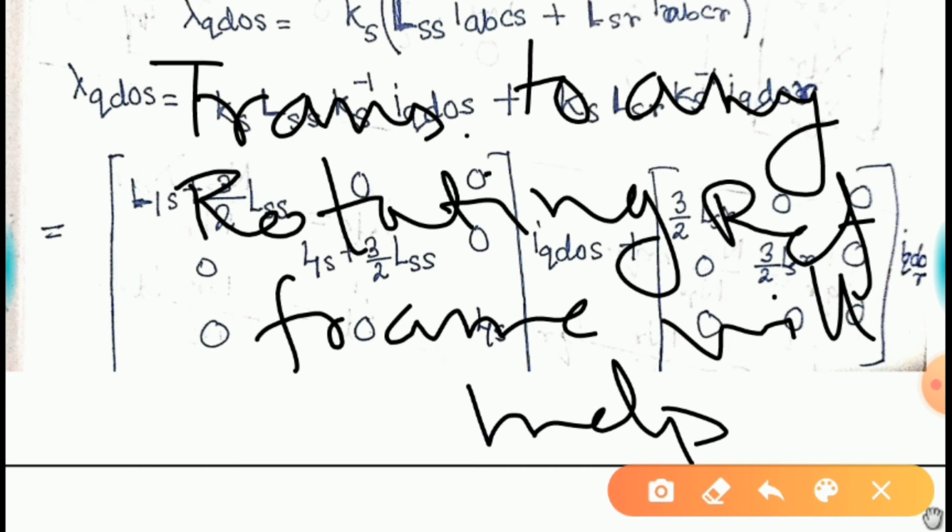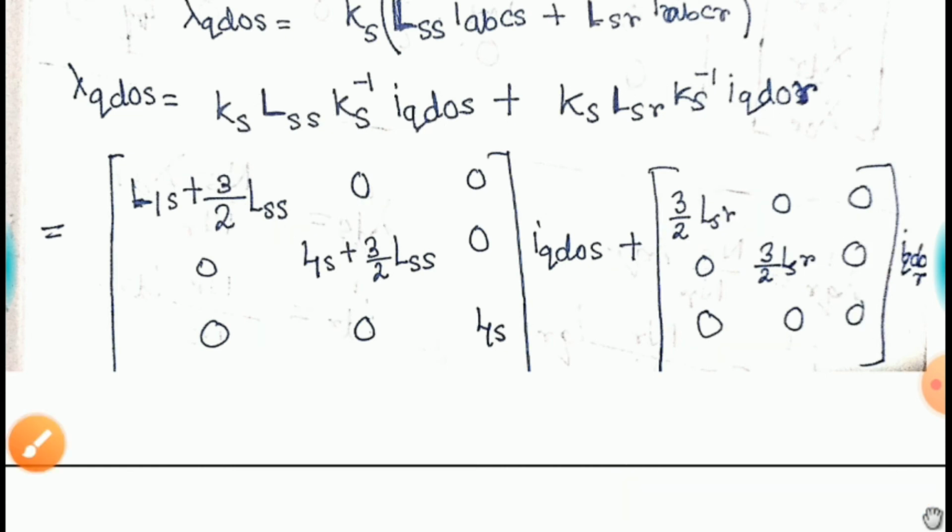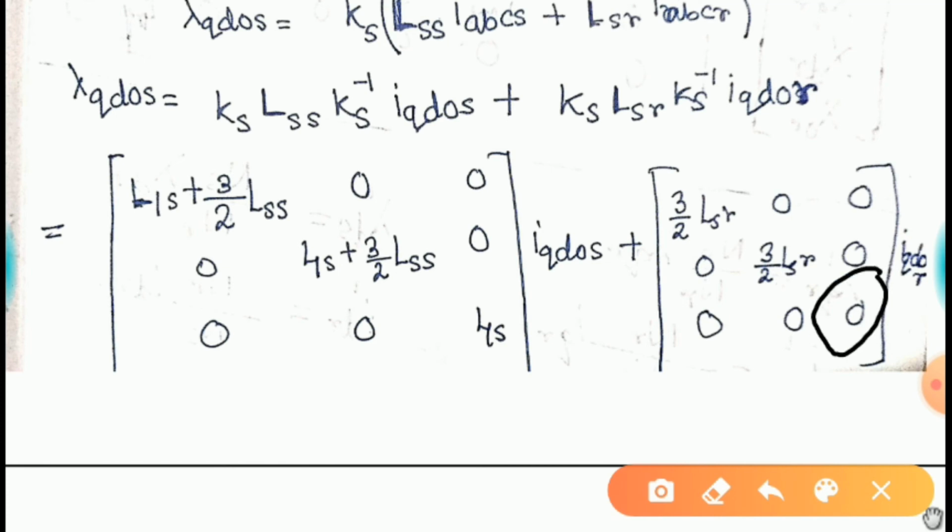Now, another brilliant feature of this matrix is that both the matrices are diagonal in nature, right? And also, if you have noticed one interesting thing, the last component is zero.